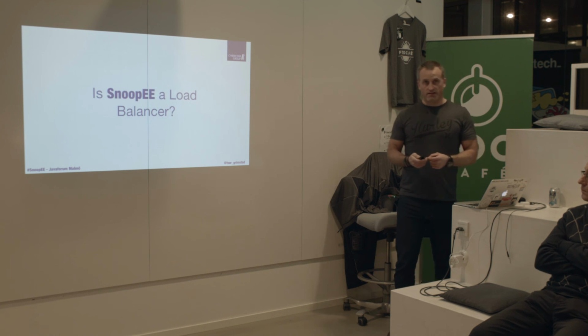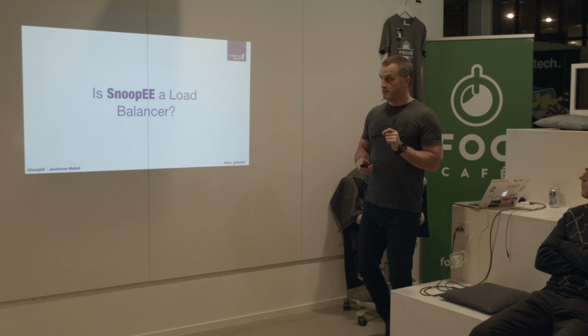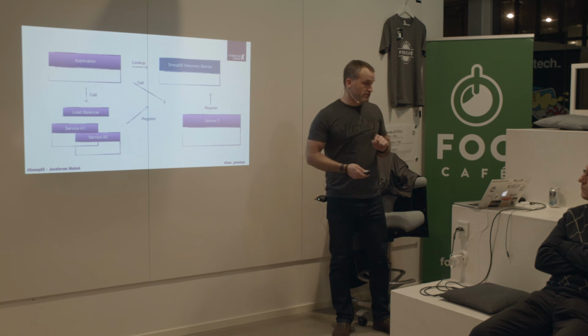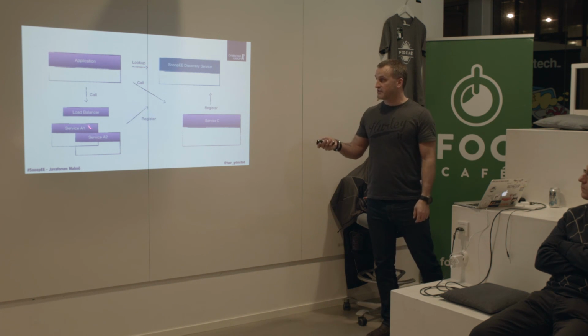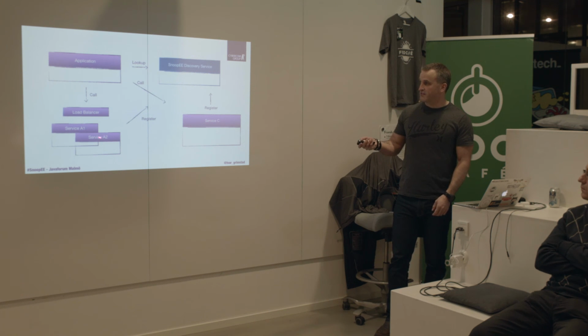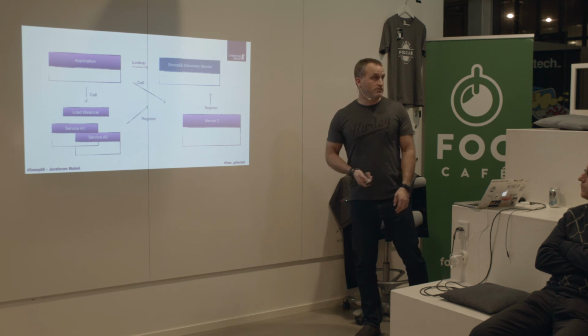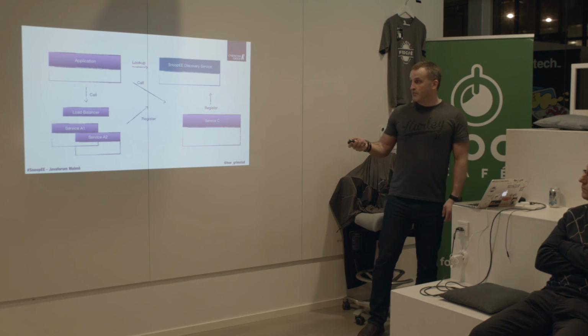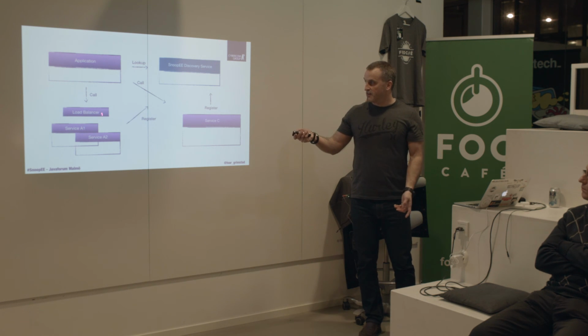And one question I get is, is SnoopEE a load balancer? And the answer is no, it's not, and it shouldn't be, and it should never be. What will happen if you have several services running behind a load balancer? Well, you would have the situation that service A registers itself with SnoopEE's discovery service. And at some point later, you run up service A2, and it registers itself with SnoopEE discovery service. But the endpoint that it registers itself with is the load balancer.